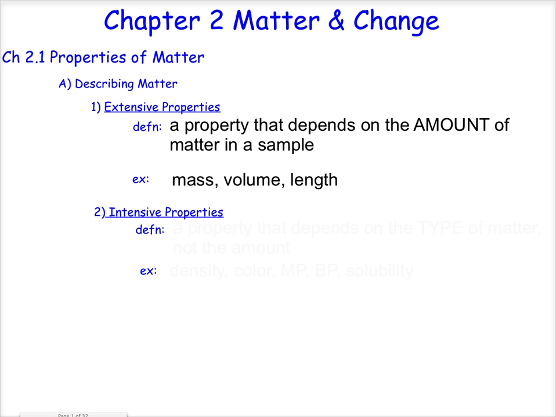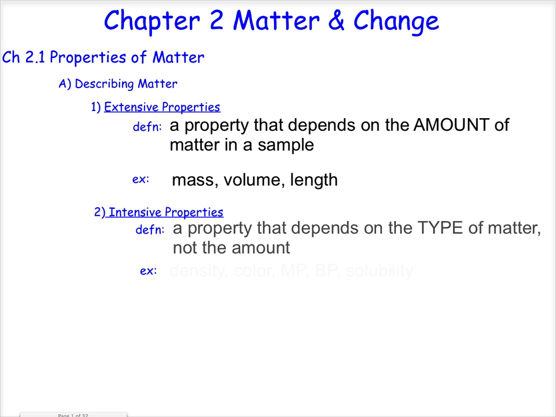All right, so the amount or the mass of the gold is not inherently part of the gold. That's what we call intensive properties, properties that depend on the type of matter, not the amount. So these are things that you can identify a substance based on intensive properties.